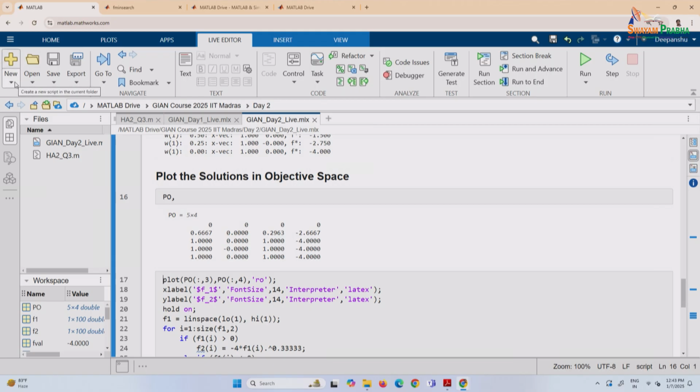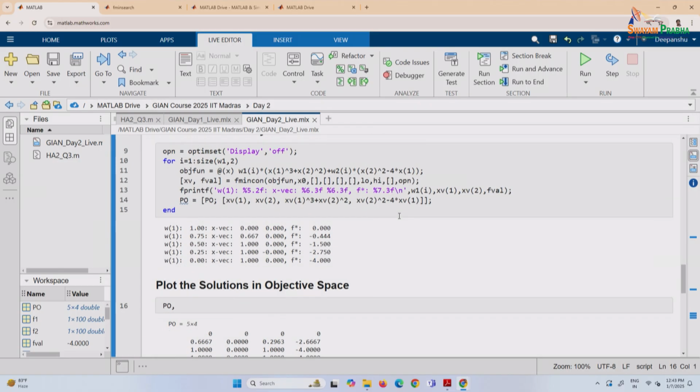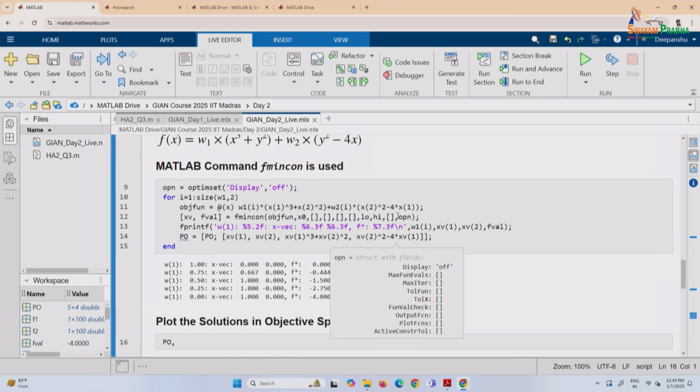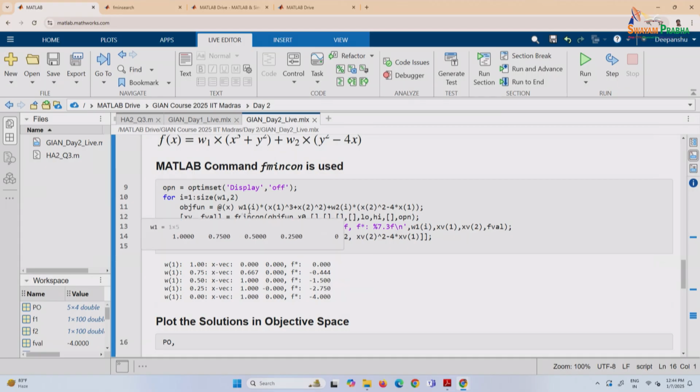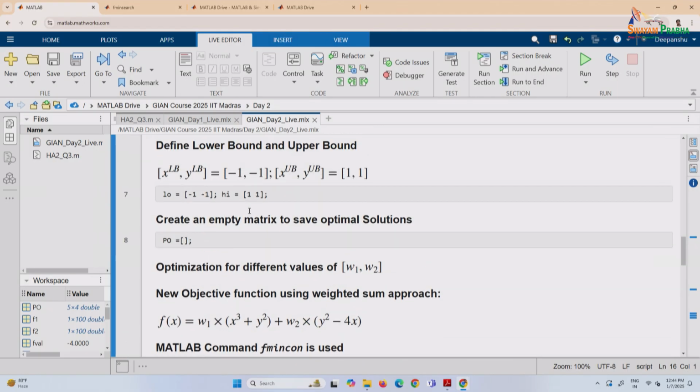It's giving me 0. Okay, there is something wrong. Here xv1, xv2. For first w1, w1 is defined here.